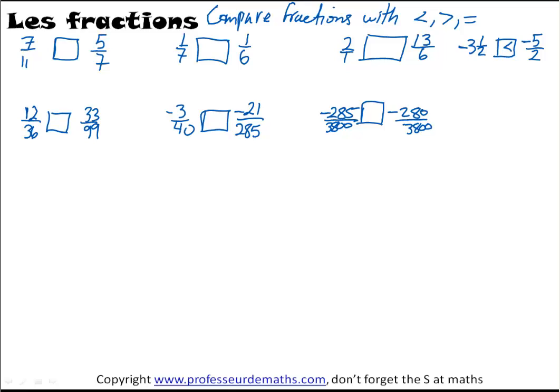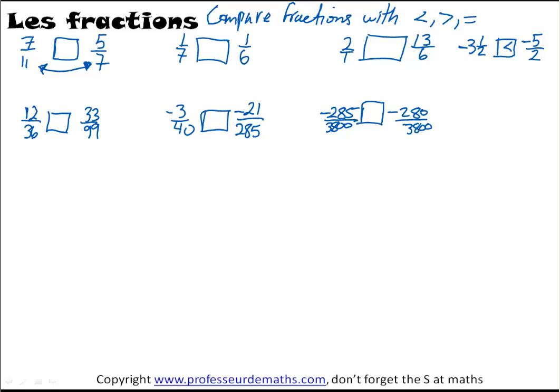To do this very quickly, because you don't have to reduce your answer here, you just multiply both denominators together and you get a common denominator. It will not necessarily be the smallest common denominator, but it will allow you to compare those fractions.